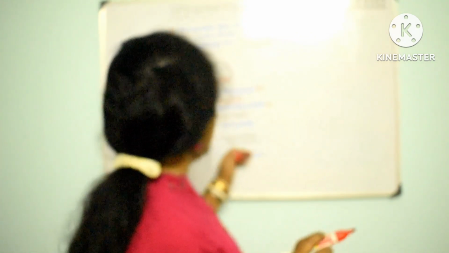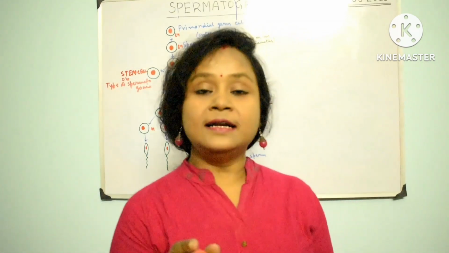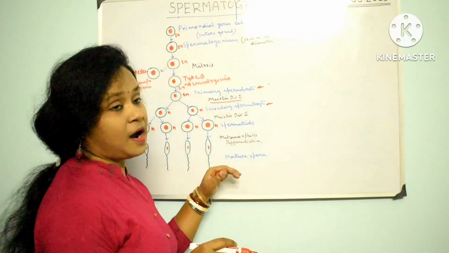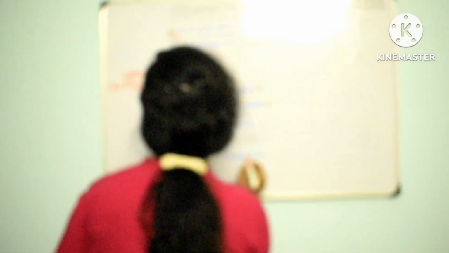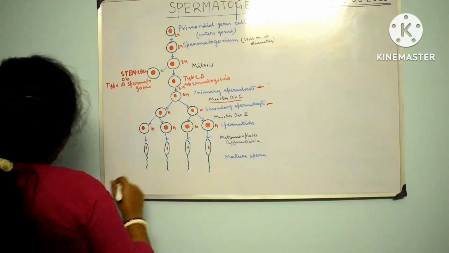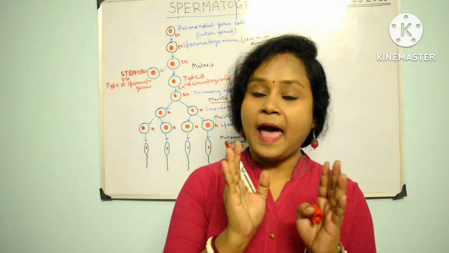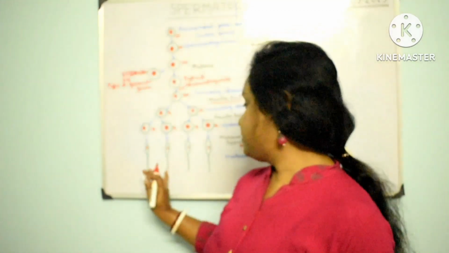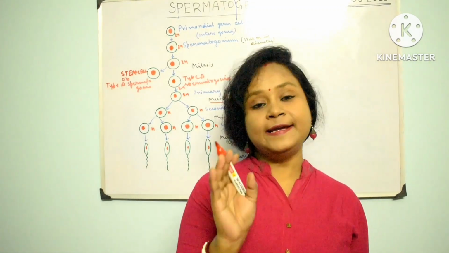This is a very important step, and very short questions come from this part. This step is known as spermiogenesis, and the release of sperm is called spermiation. Each spermatid differentiates into a mature spermatozoon, which includes formation of the acrosome, condensation and elongation of the nucleus, development of the flagellum, and loss of redundant substances of the cytoplasm and its organelles.